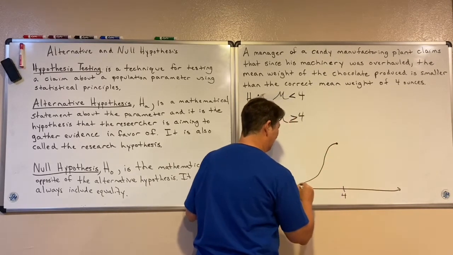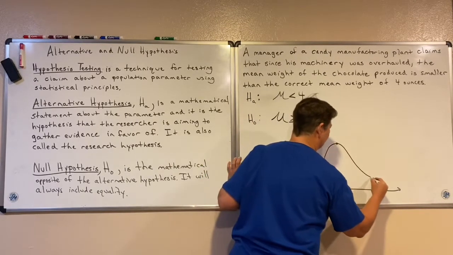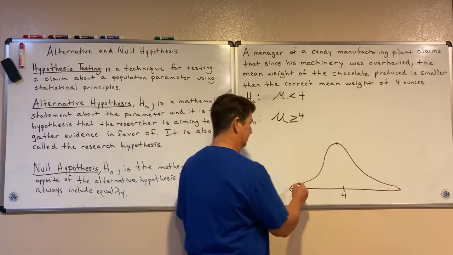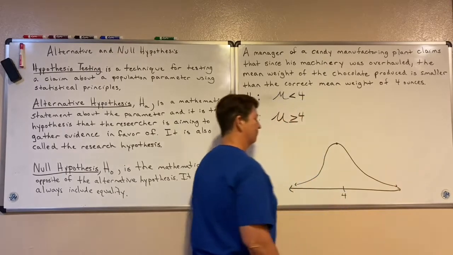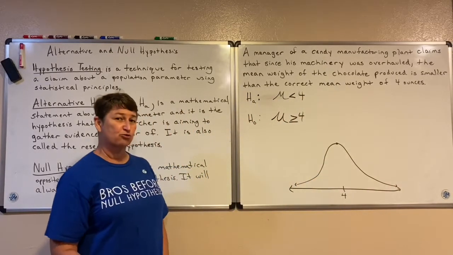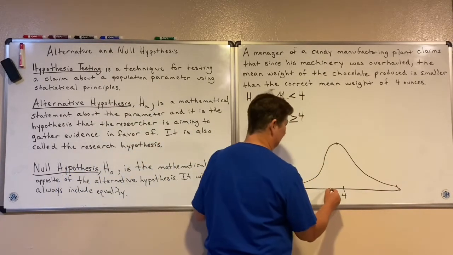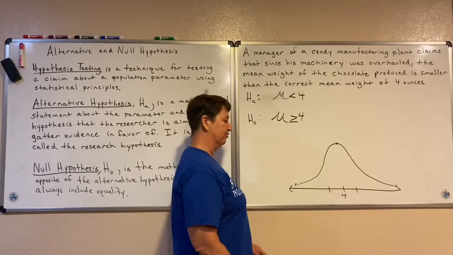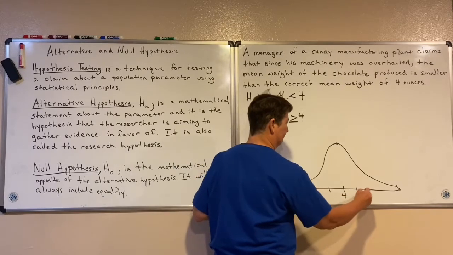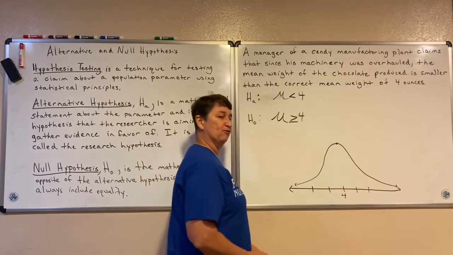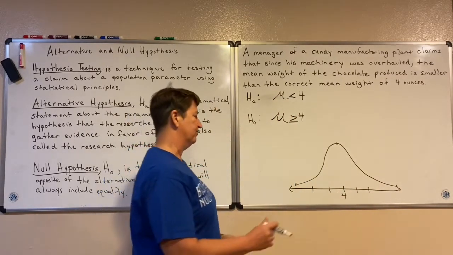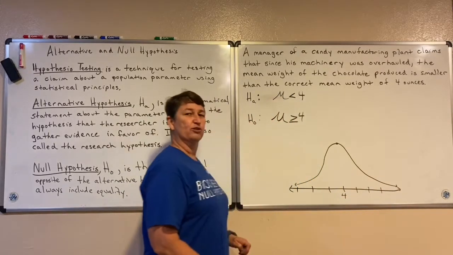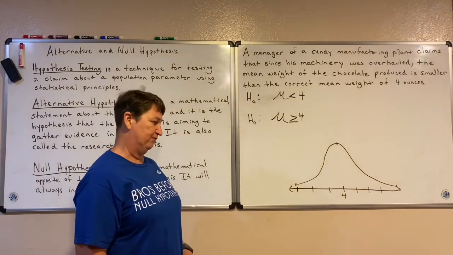So if the population mean is 4, then we would expect the mean of the sampling distribution to also be 4. Then we created those confidence intervals where if we're 68% confident, we'd be going out 1 standard deviation. If we're at a 95% confidence level, then we'd be going out 2 standard deviations. And if we're at a 99.7% confidence level, then we'd be going out 3 standard deviations.